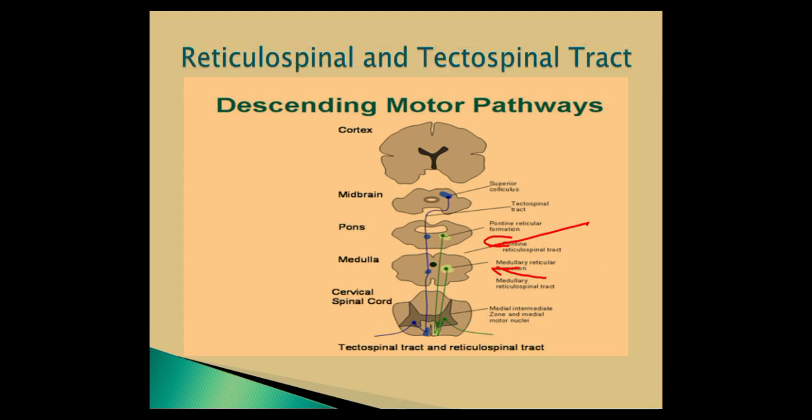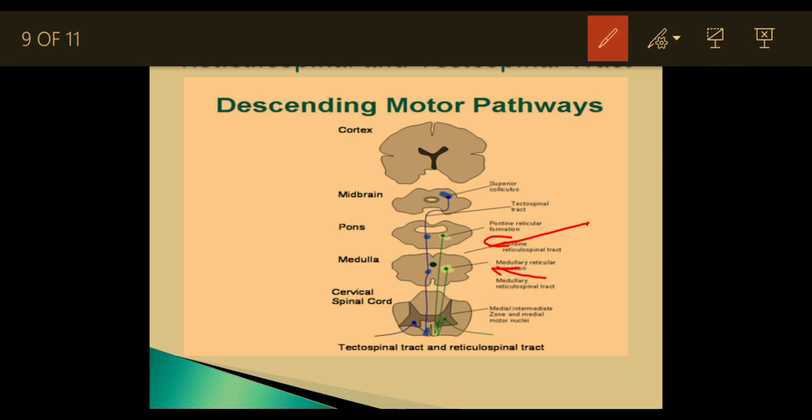Next pathway is the tectospinal tract. This tectospinal tract originates from the nucleus called the superior colliculus nucleus. This is the superior colliculus nucleus.